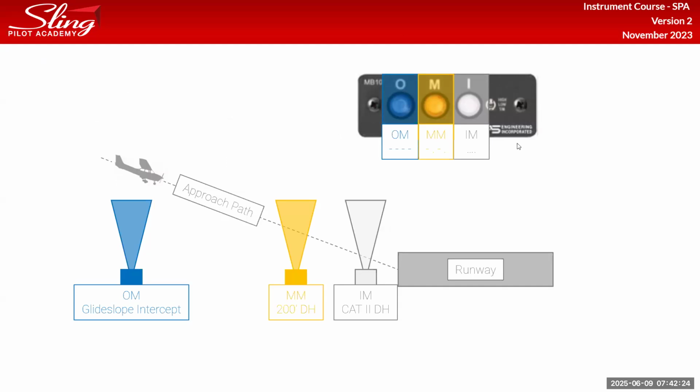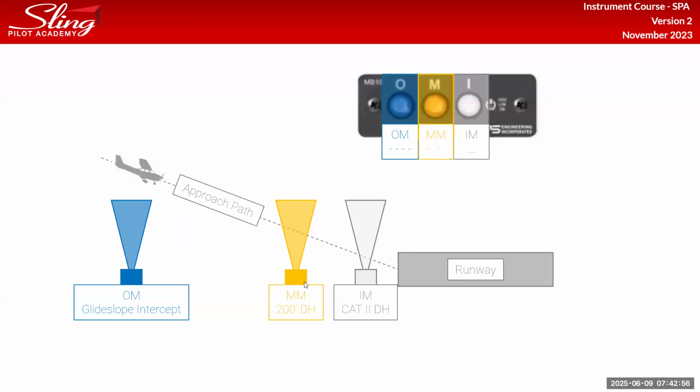Basically, we would have a little thing right here that shows OMI, and you guessed it, outer, middle, inner: blue, yellow, white. There's some sort of device planted somewhere along the final approach, and when you fly over that outer marker, that blue will flash, and that shows, okay, I'm at this point.